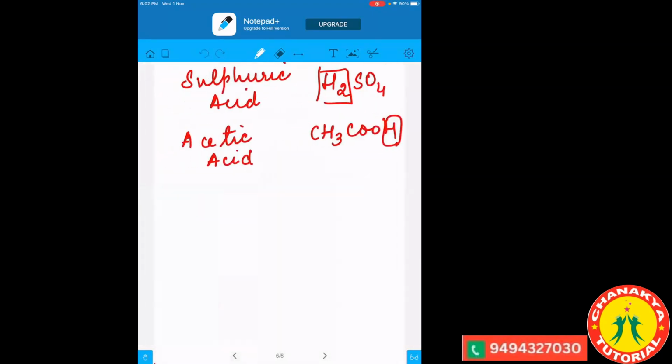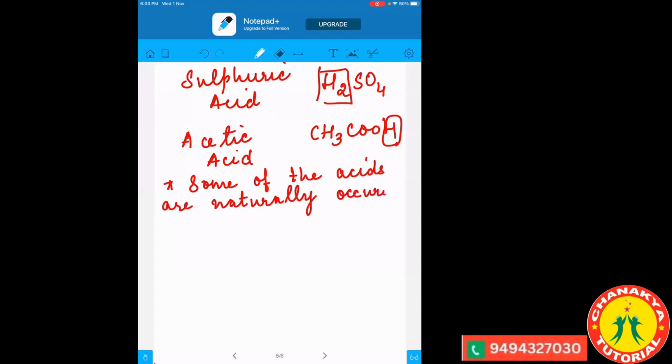Now going to the fourth point, some of the acids are naturally occurring, which are generally present in food items.